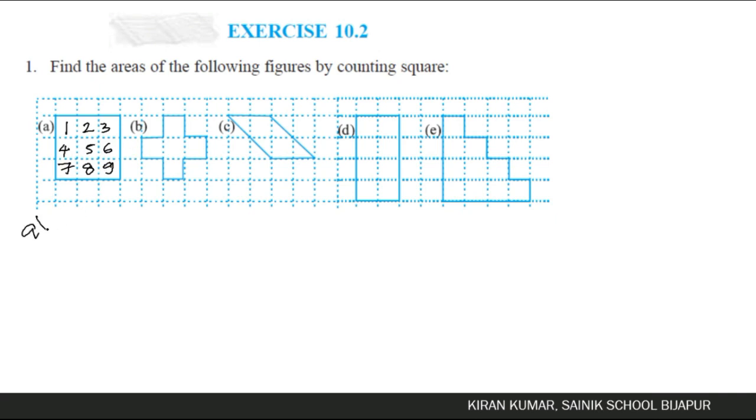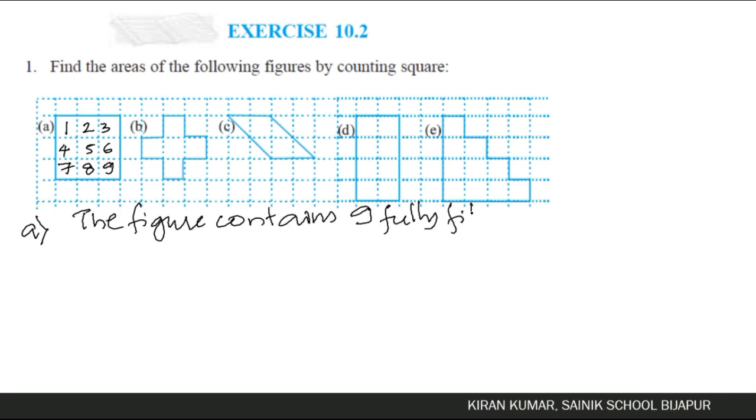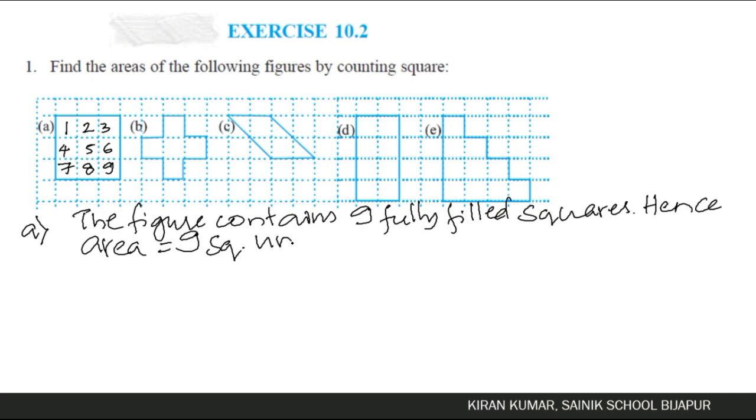So for the first one, the figure contains 9 fully filled squares, hence area will be equal to 9 square units.